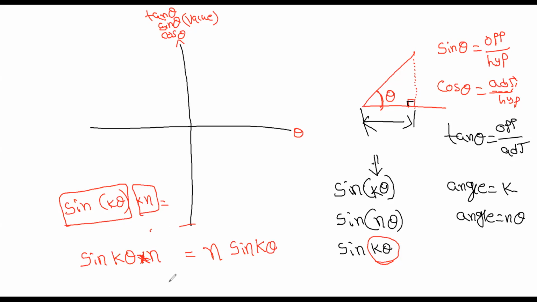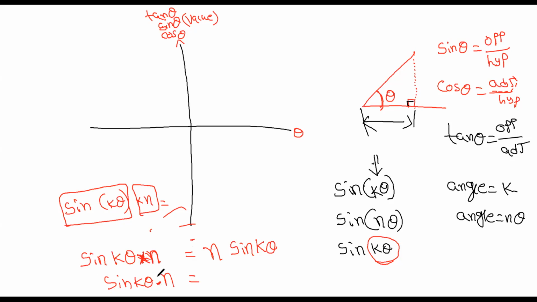If you just write sine k theta into n, sometimes we will interpret this multiplication as a dot and put n, and then whoever sees this will think that n is multiplying with k theta, not with the total function.